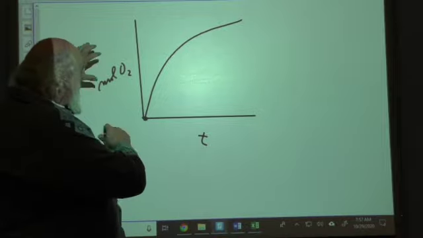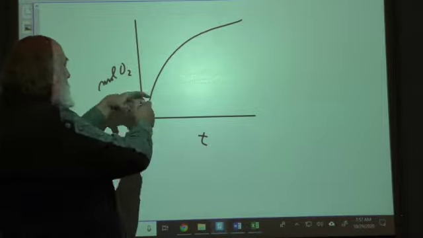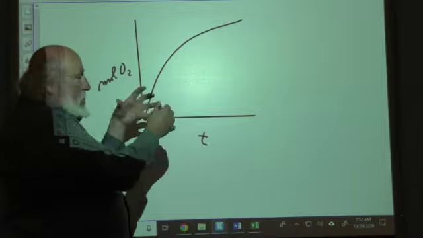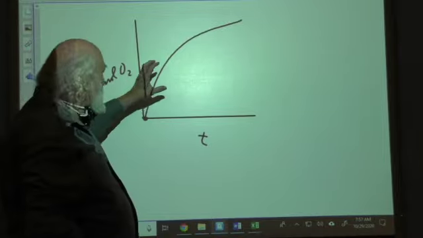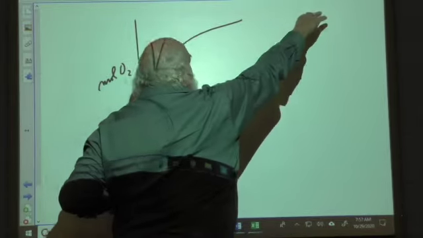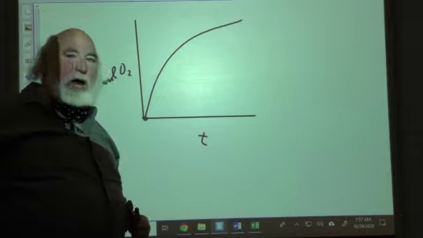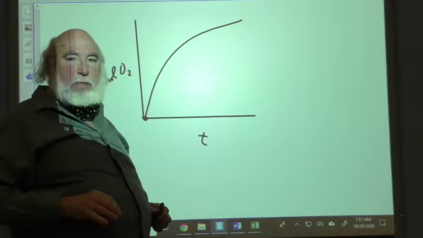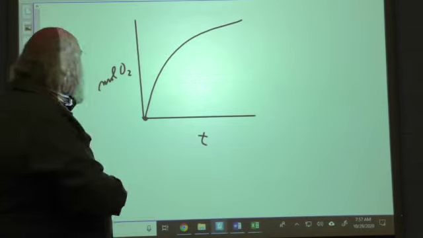So when the other particles are trying to collide to create this oxygen, the oxygen that has been created at this point starts blocking it. And so it slows it down to the point where it's actually going to taper off into a horizontal line, which means we have run out of reactants. And so no more oxygen can be produced.